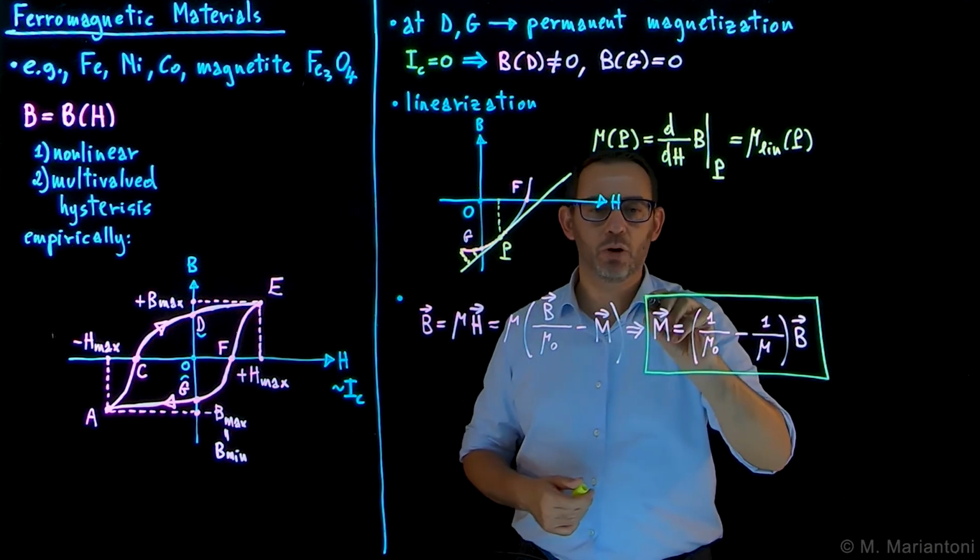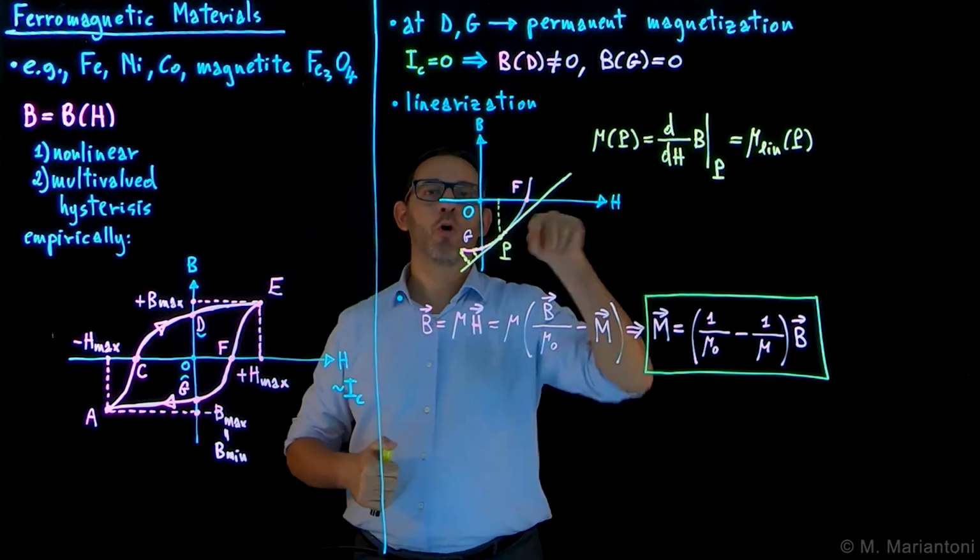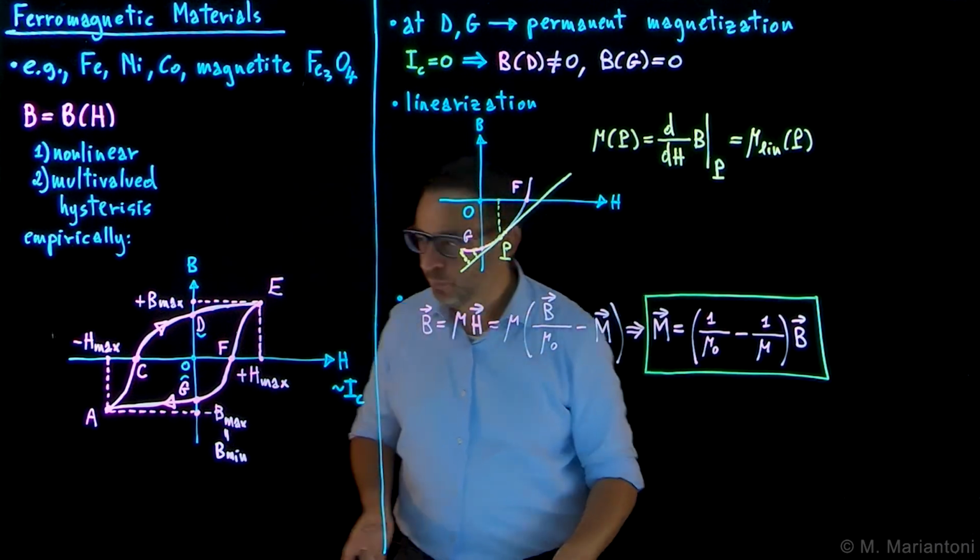Valid for linear or linearized magnetic materials, so either diamagnetic or paramagnetic materials, or a linearized ferromagnetic material.